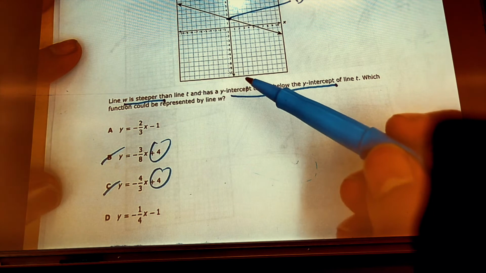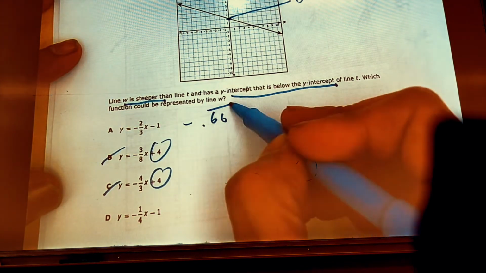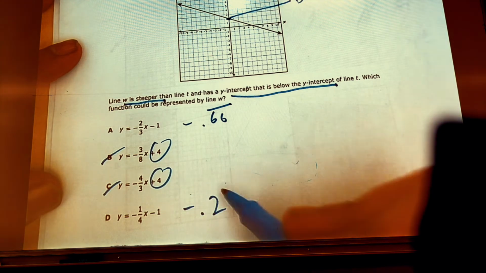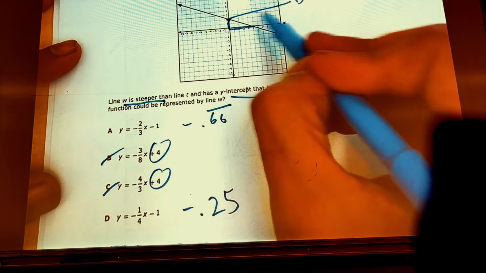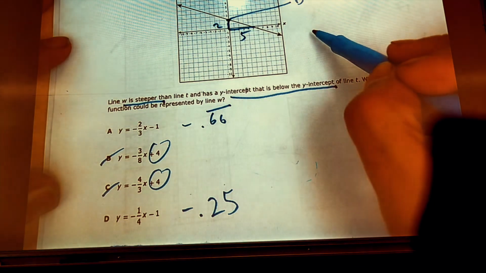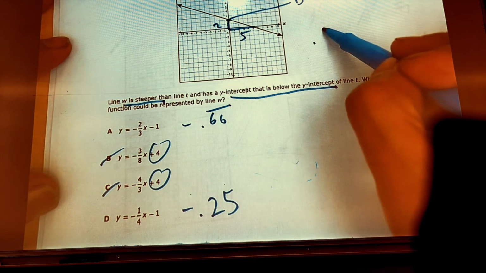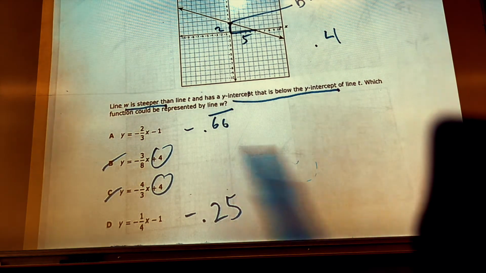That would make sense to me, but either way, we know this is negative 0.6, and this is negative 0.25. That's right. And what is our slope anyway? Down 2 over 5. It's 0.4. Which one is bigger than 0.4? A. A, that's your answer.